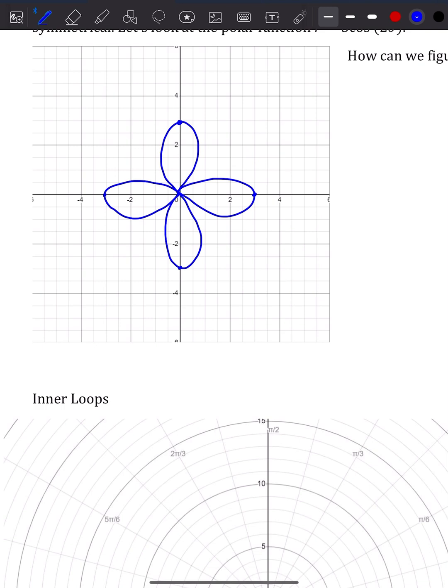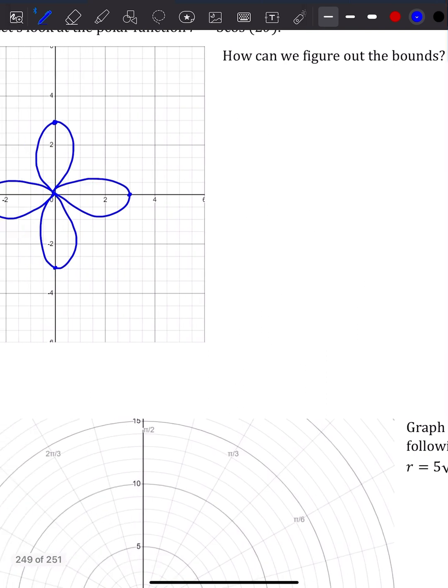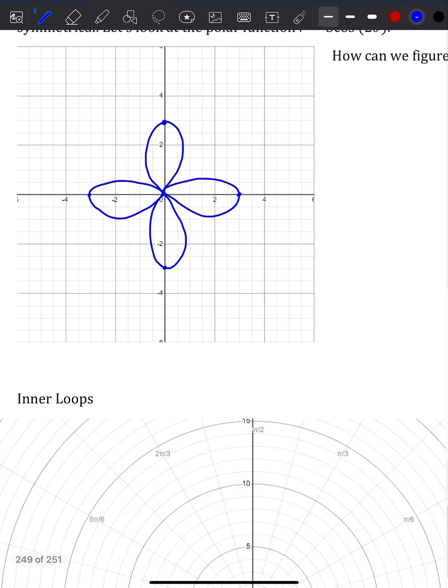Some things that we need to know is how to figure out these bounds. One of the things that we're going to know is we generally want to use either the 0 or those edges. So in our case, we would either use 0 or +3, -3.